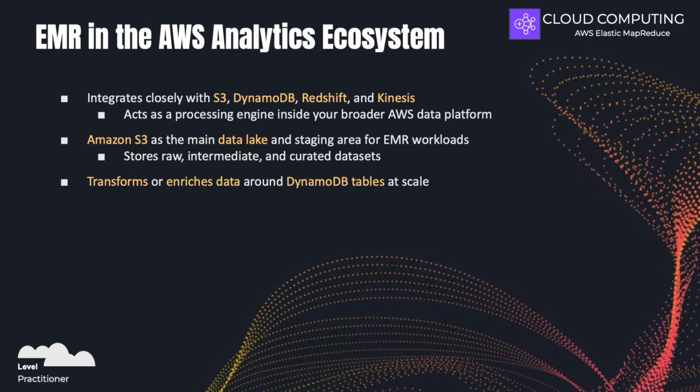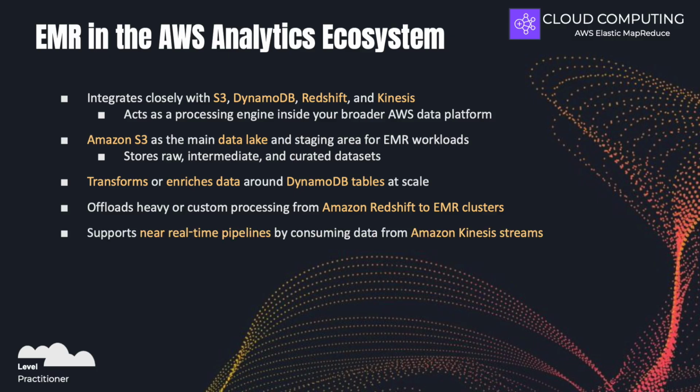And it can be paired with Amazon Redshift whenever your warehouse requires extra processing power or custom pipelines. For streaming and near real-time use cases, EMR can even consume data from Amazon Kinesis streams rather than relying solely on static batch files. Altogether, this makes EMR a flexible engine that sits at the center of your wider AWS data platform.